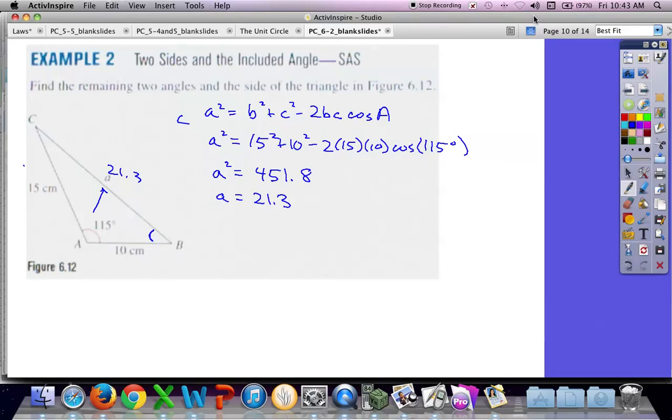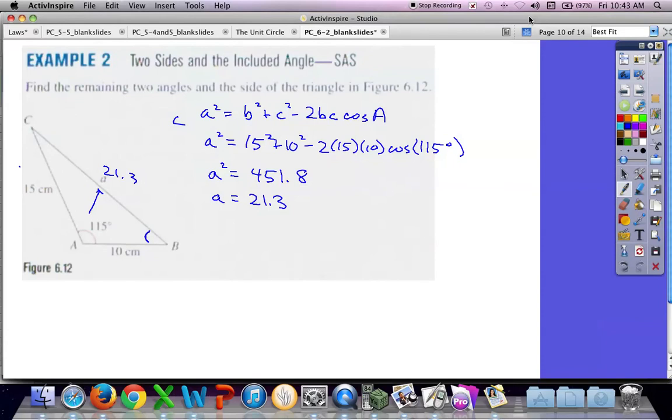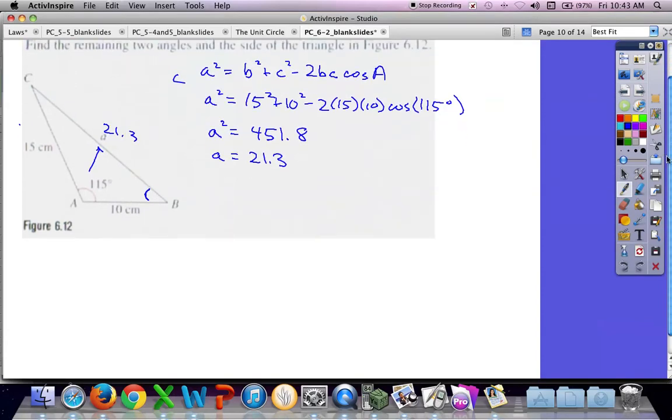We are looking for cosine B equals a squared plus c squared minus b squared over 2ac.